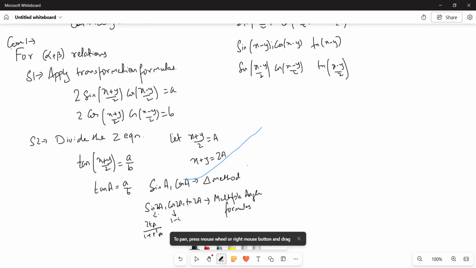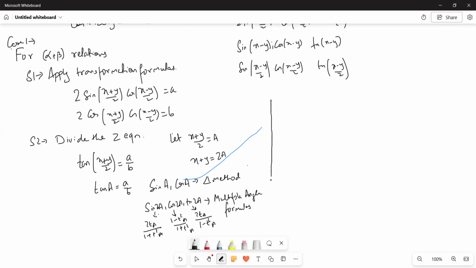Cos 2a is 1 minus tan square a by 1 plus tan square a. And tan 2a directly is 2 tan a by 1 minus tan square a. So we apply these multiple angle formulas to get the value of sine of x plus y, cos of x plus y, tan of x plus y. Is everyone clear with this? So that is how we solve for the first part, alpha plus beta relations.